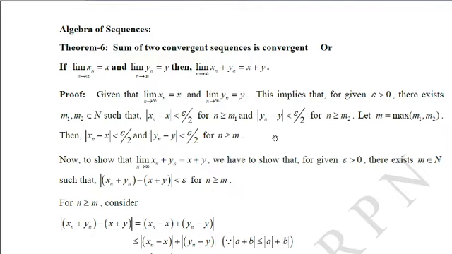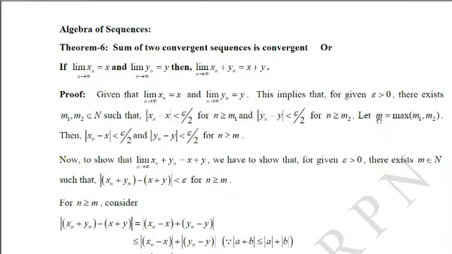So we have to take the common range for both of them as m2. So let me choose m as the maximum of m1 and m2, because m2 is the maximum. If m1 were the maximum, I would have started from m1. So you have to draw the graph from the maximum of these.